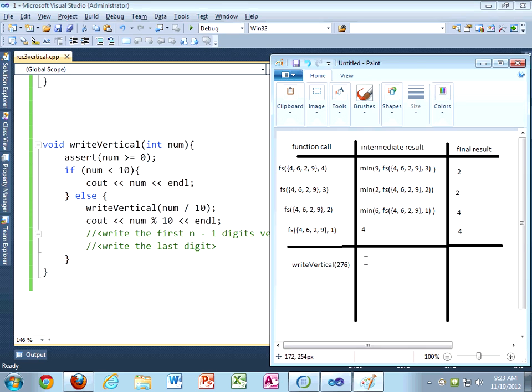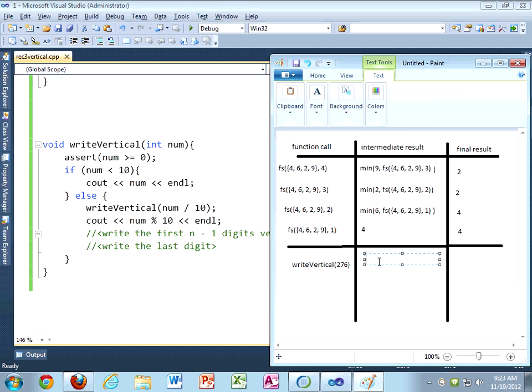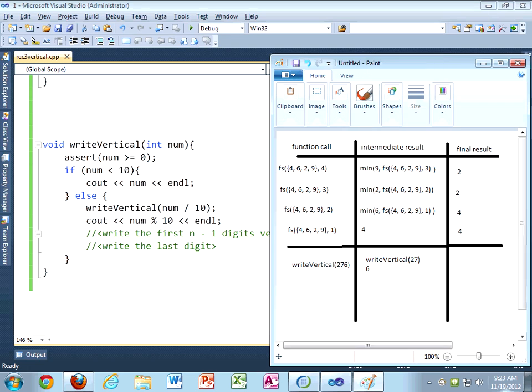Well, we might have to be a little clever. Let's pretend this is our screen, and we first print the result of right vertical 27, and then right below that we write a 6.